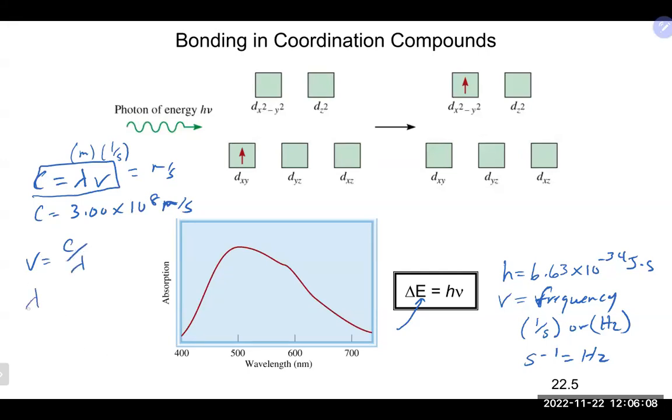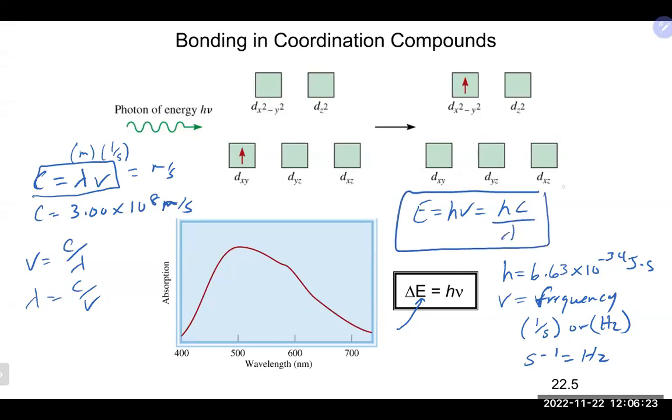And the wavelength would be the speed of light divided by the frequency. You can stick it into that equation and get E is equal to h times the frequency, or E is equal to hc divided by the wavelength. That allows you to calculate the energy difference, for example, if you just know the wavelength of light that has been absorbed or is coming off a system. Any questions on those equations?